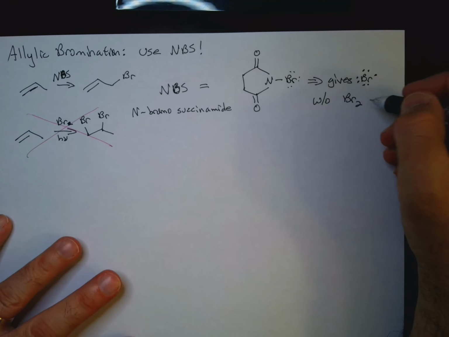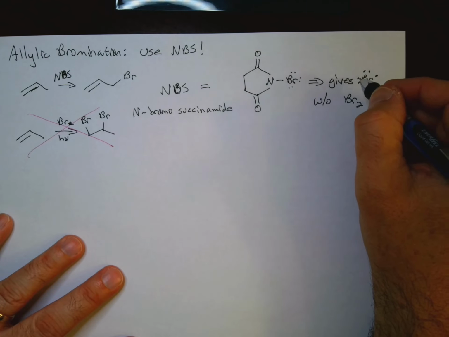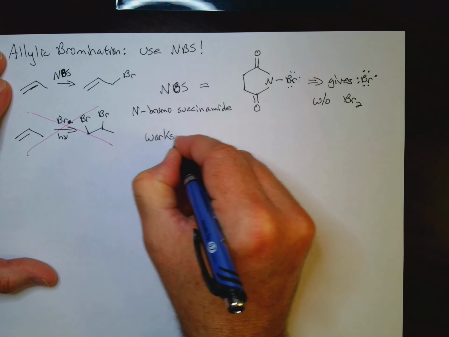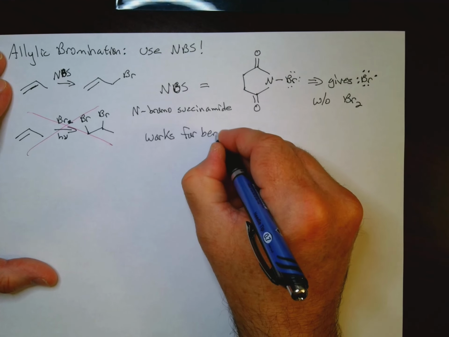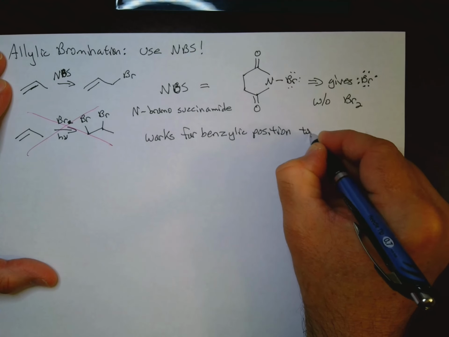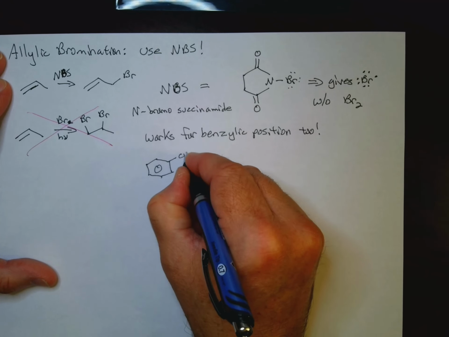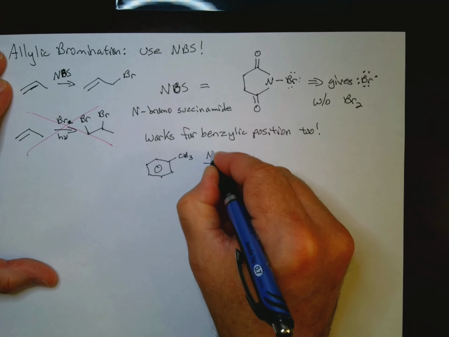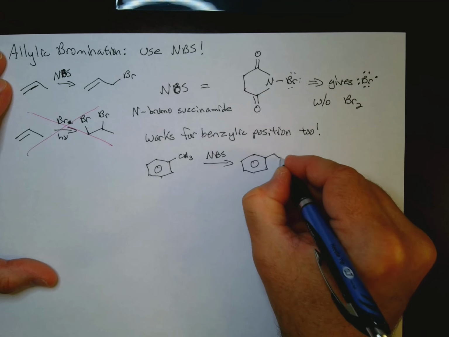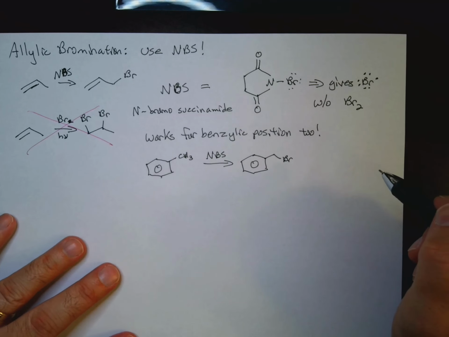So we keep our bromine concentration low, so we avoid this reaction, and instead we will selectively brominate just at the allylic position. This also works for the benzylic position. And we can go ahead and use NBS to stick a bromine right on that benzylic position.